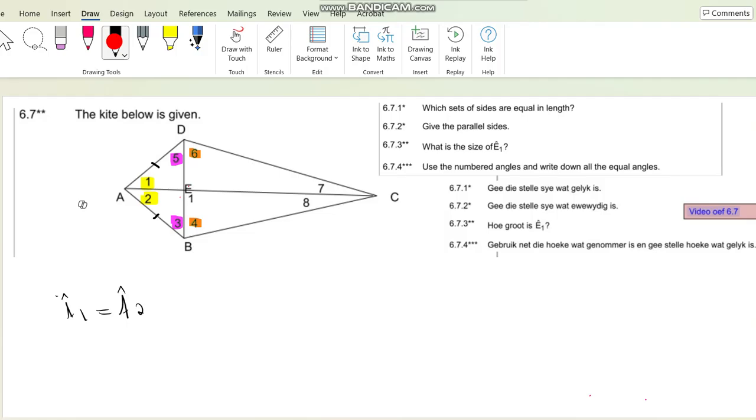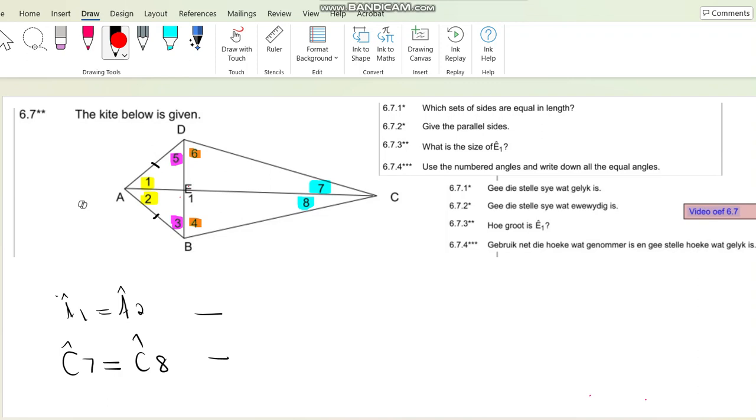Then we will also look at C8. Now, obviously, that is going to be equal to C7. And why would that be? So C7 will be equal to C8, and that's the same reason as A1 and A2.